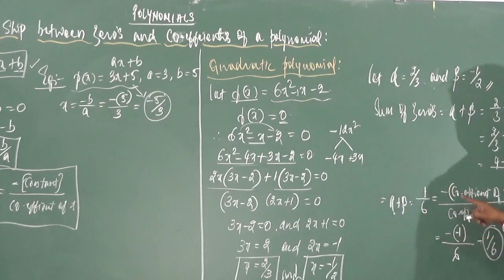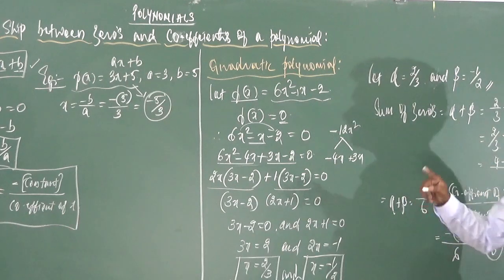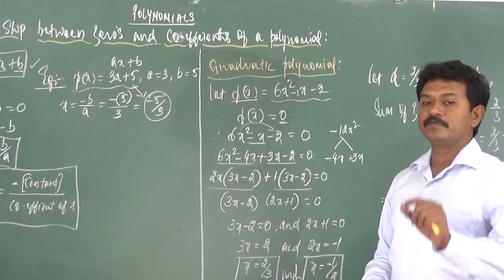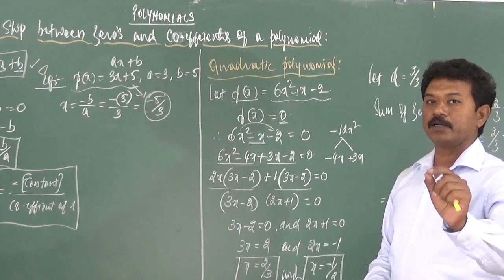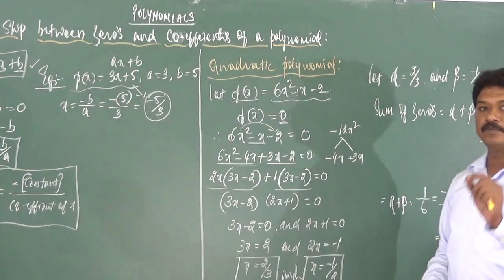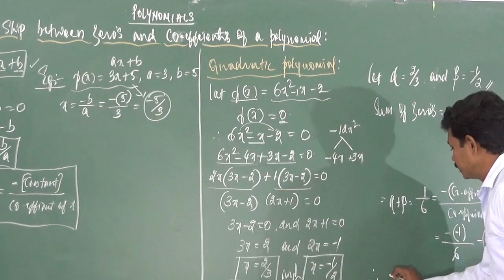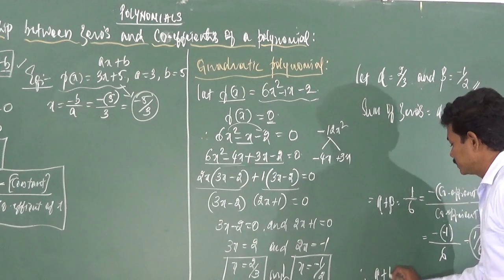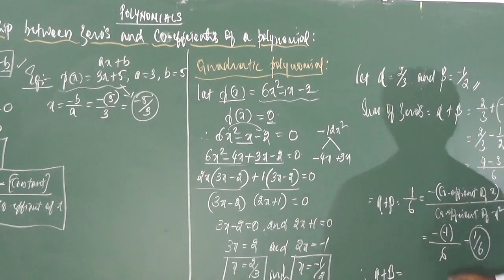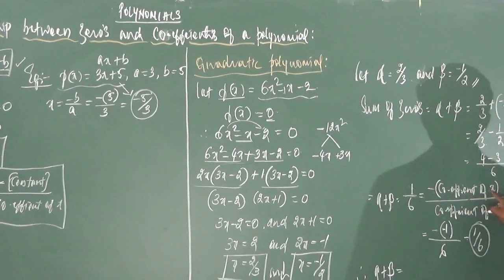How we get it is, if you take the negative of the coefficient of x and divide that by the coefficient of x square, directly we are going to get the sum of the zeros of the quadratic polynomial. So therefore, you can directly write alpha plus beta is equal to minus coefficient of x.